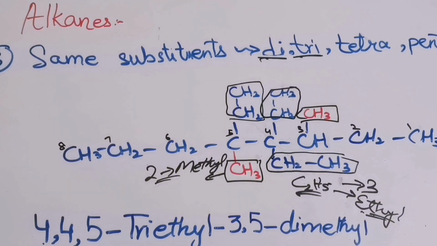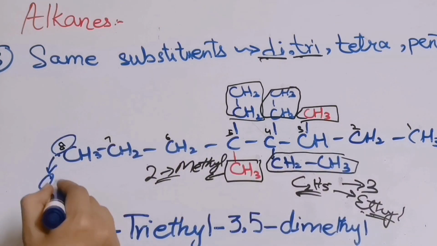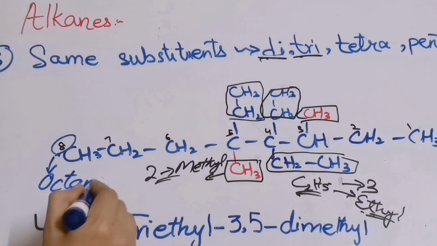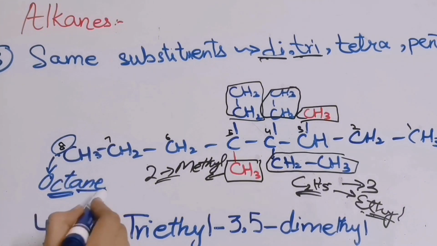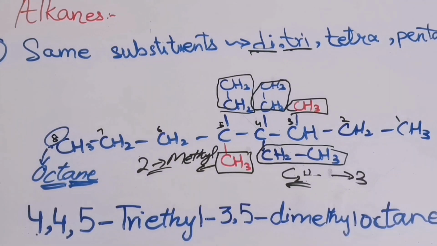We have written the name and positions of the substituents. Now we will write the name of the parent compound. And what is its name? See how many carbons are there? 8. So it will be octane. As they all are having single bonds, so we are using ane. So this will be the name of this compound.